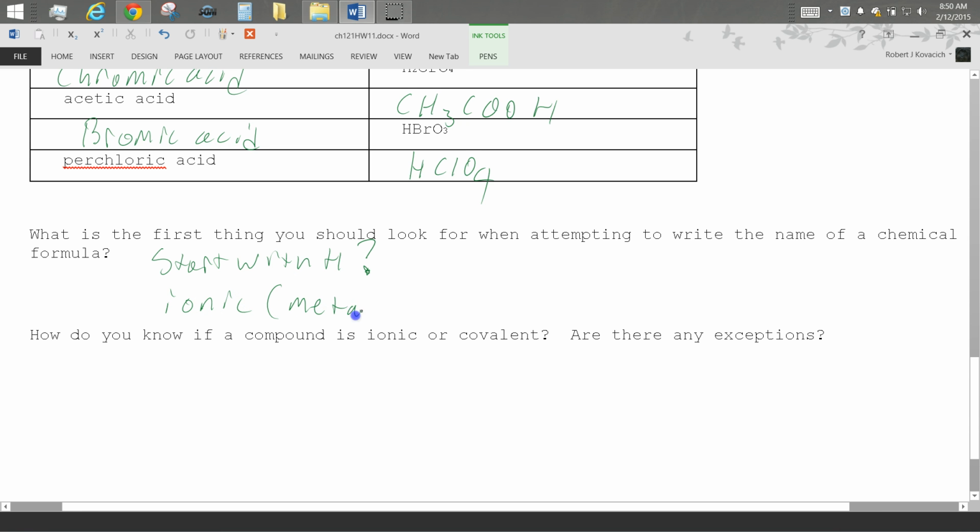It will be ionic if there's a metal there, or one of the polyatomics. So if it doesn't start with an H and there isn't a metal or a polyatomic ion there, then I name it covalently. Starts with an H, name it like an acid. Metal, polyatomic ion, name it for an ionic. None of those things, then name it covalently.